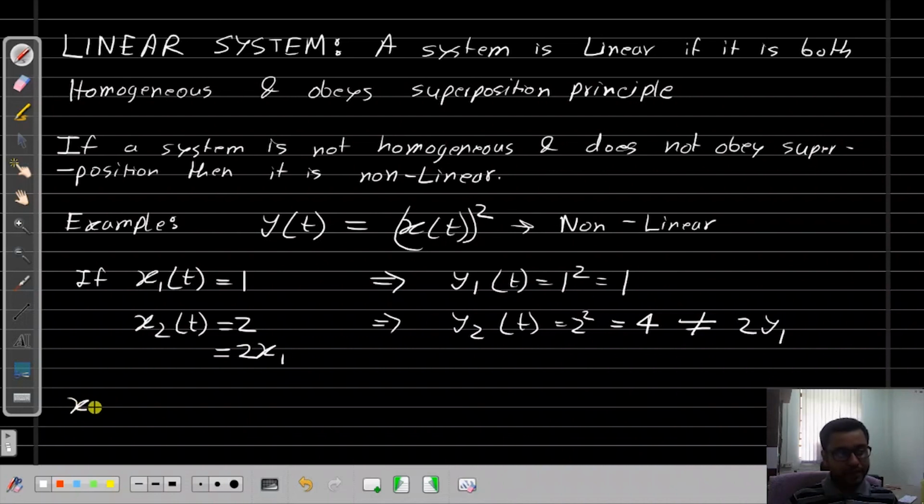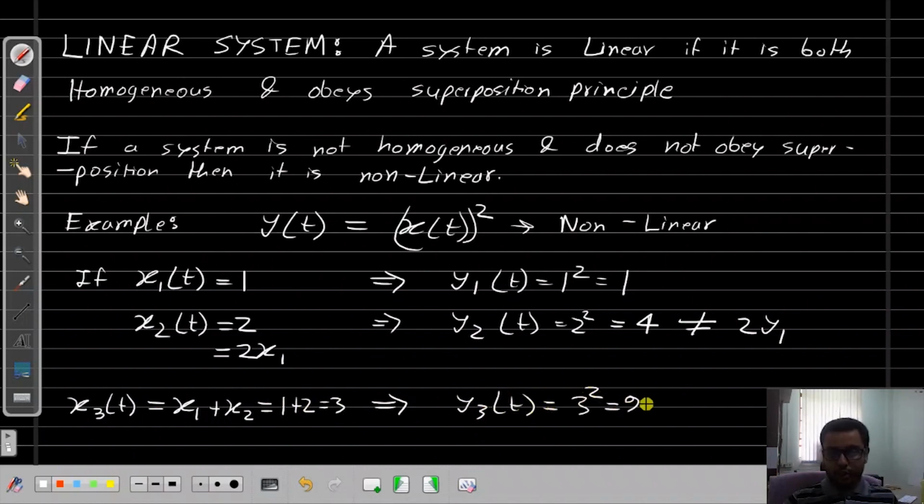Similarly, if you apply x3(t), which is the sum of x1 plus x2, that is 1 plus 2 equal to 3, then the output y3(t) will be 3 squared equal to 9, and that is not the same as 1 plus 4. So the superposition principle is also not obeyed.